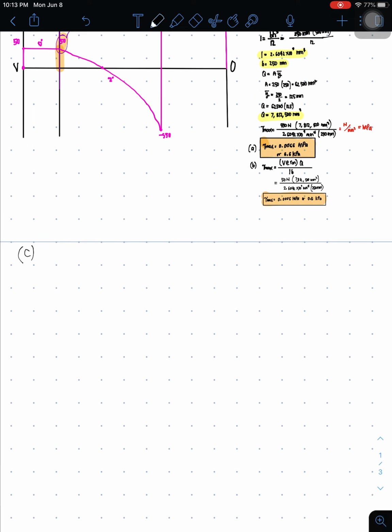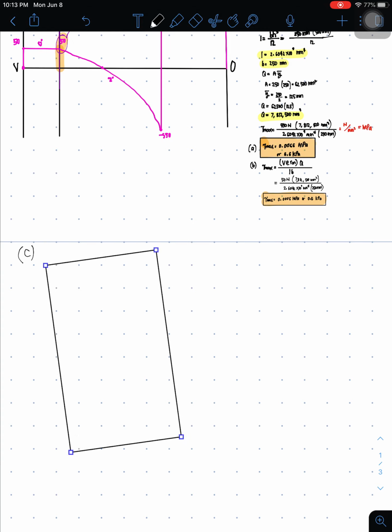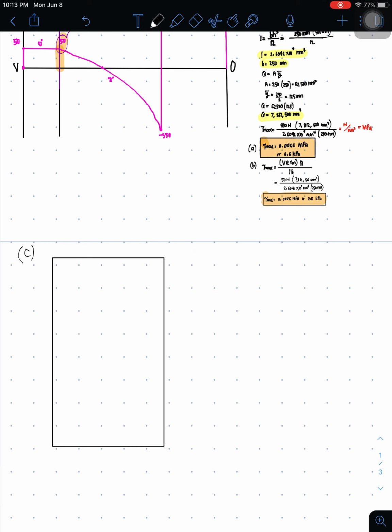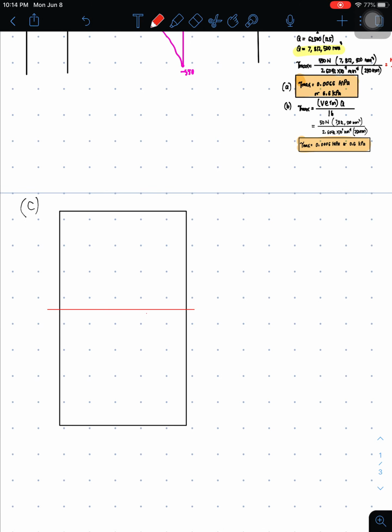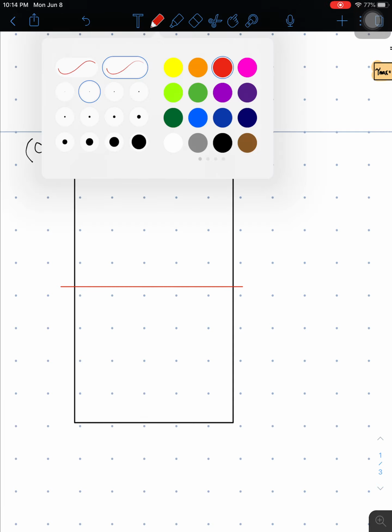So I'll just draw a new one, and then I'll just specify the neutral axis, of course. So maybe this is the location of the neutral axis. Okay, this is the location of the neutral axis, and the problem says that we're going to get the shear stress.